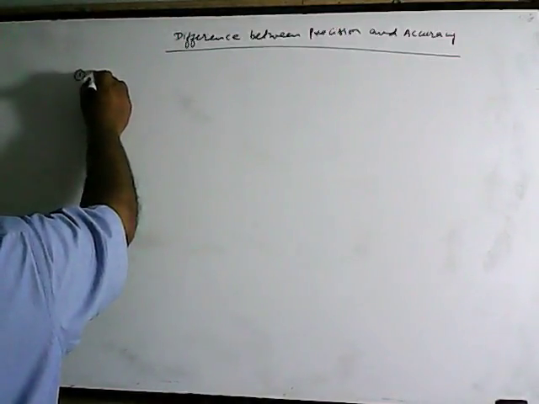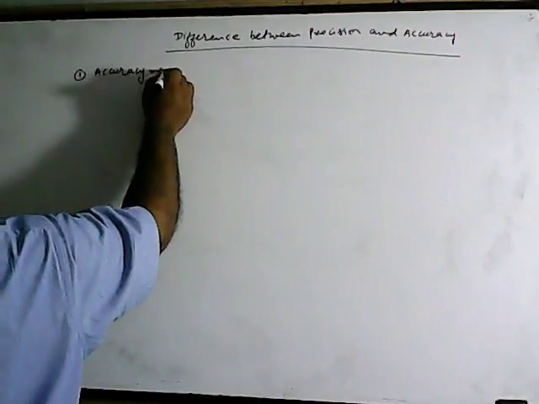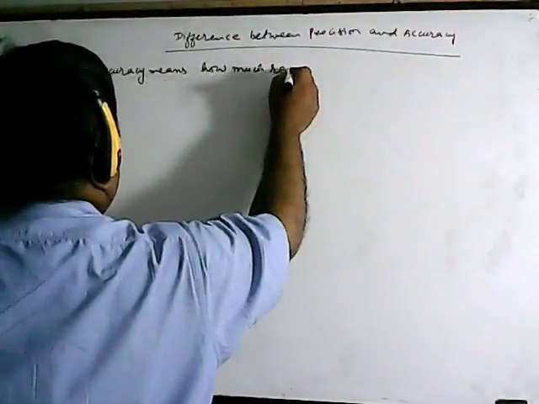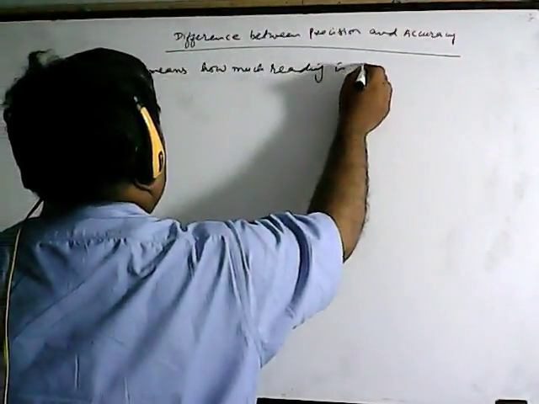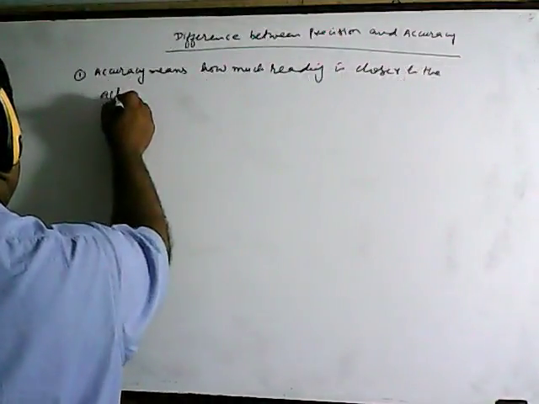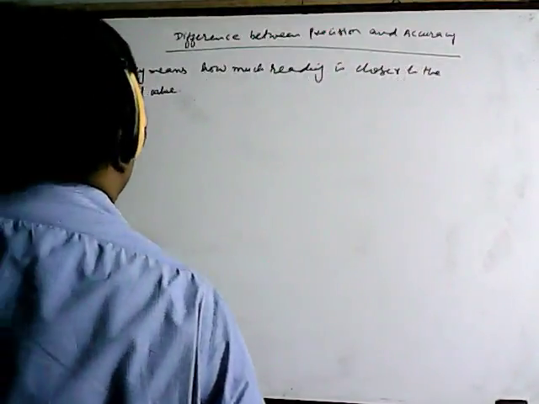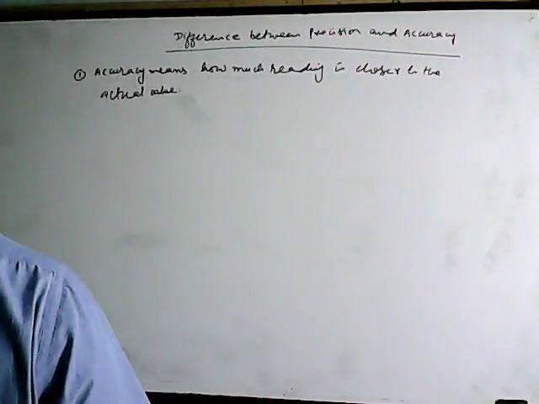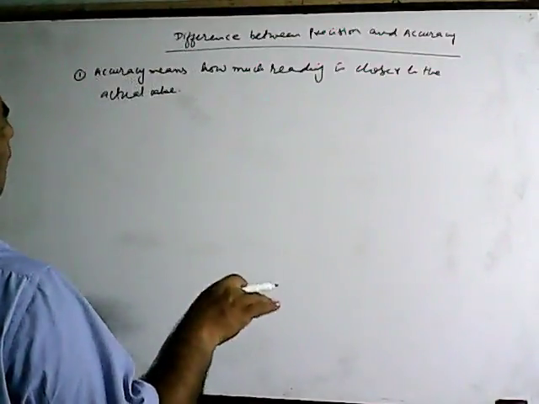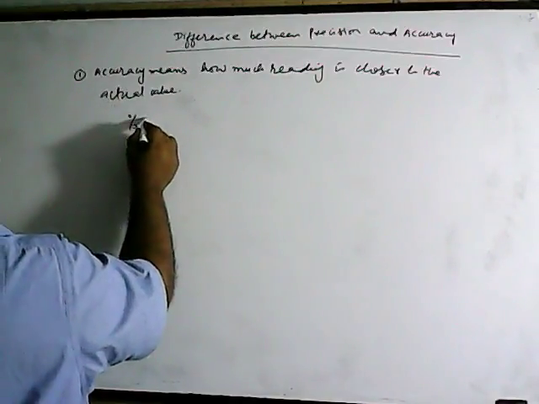Another thing is what accuracy means: how close a reading is to the actual value. We are not concerned whether the readings are precise or not. Accuracy is always concerned with the percentage error.